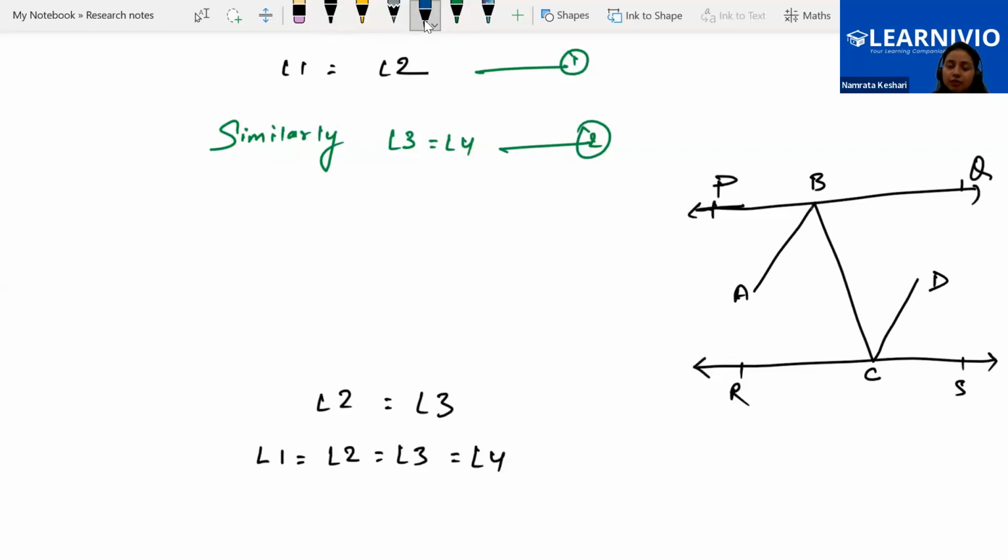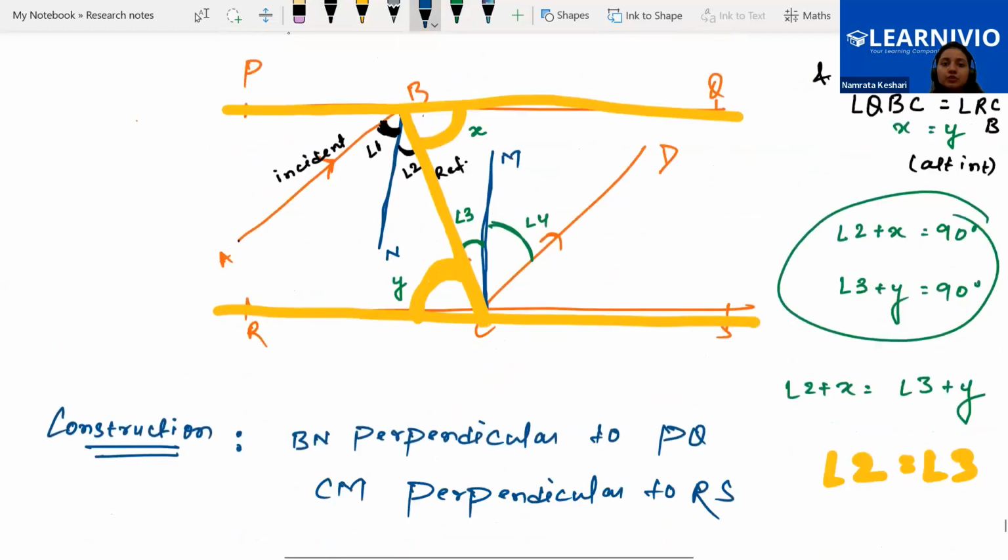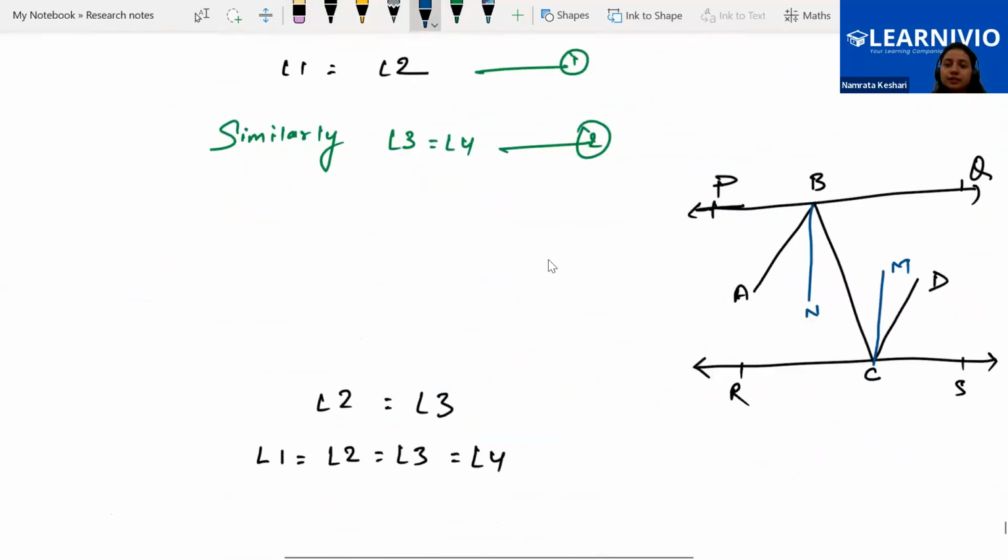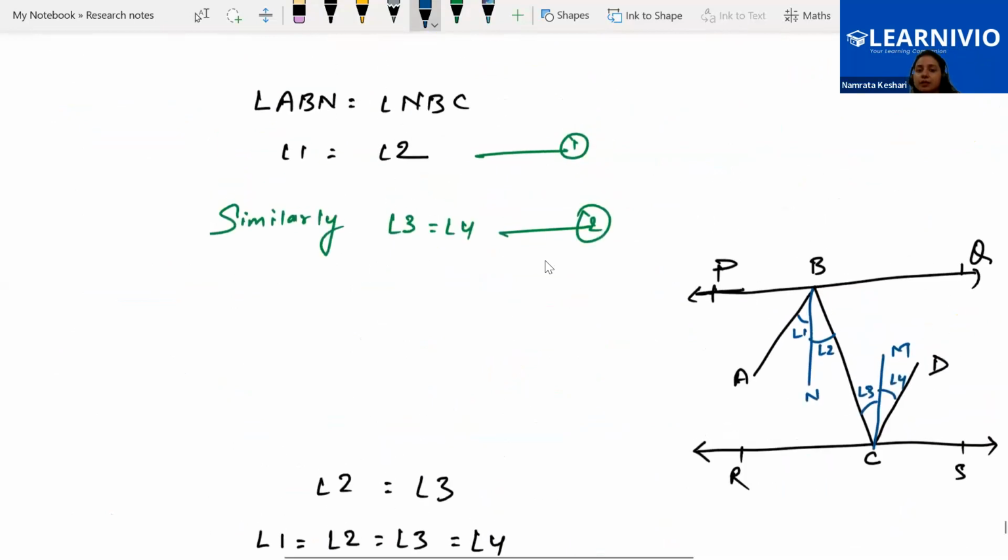A perpendicular line we have drawn, BN and CN. We have named the angles 1, 2, 3, 4. This is 1, this is 2, this is 3. Again, I will summarize, don't worry. Just try to understand each step at a time.